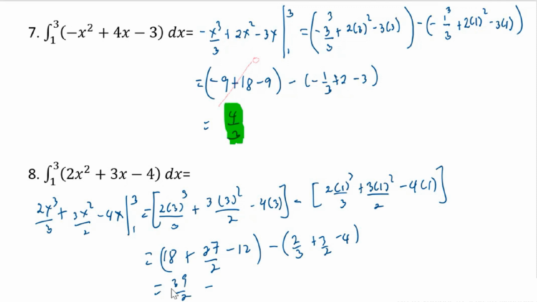So it will give us negative 11 over 6 times the negative outside. So this becomes now 11 over 6. And then combining the two terms, we have 39 over 2 plus 11 over 6. So it will give us now the answer of 64 over 3.